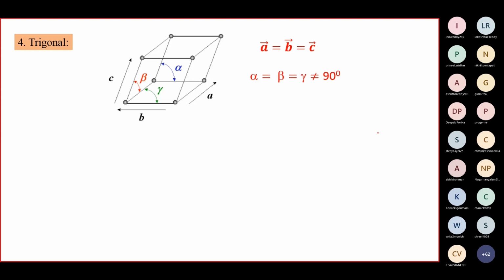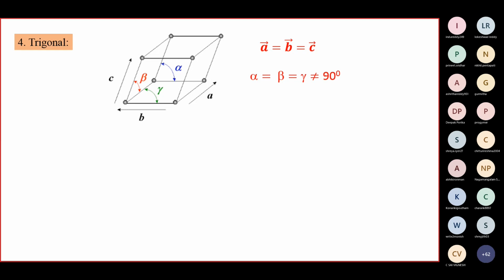Sir, we can take a cube shape and increase the angles. Just take the cube shape and apply force, keeping the base fixed. You push it along three different directions so that the angle varies. That's it. Alpha equal to beta equal to gamma not equal to 90.